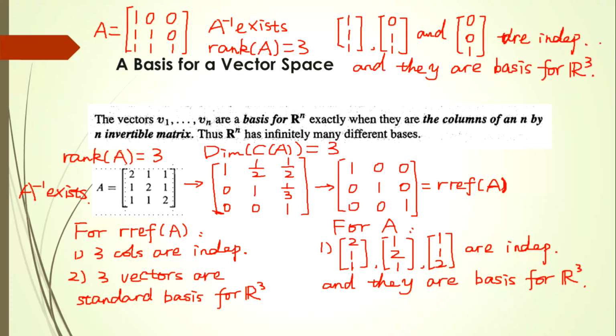For any given 3 by 3 matrix whose inverse exists, those 3 columns are independent and are called a basis for R3. So there are infinitely many different bases. Are you clear? And it's true for any n-dimensional space Rn.